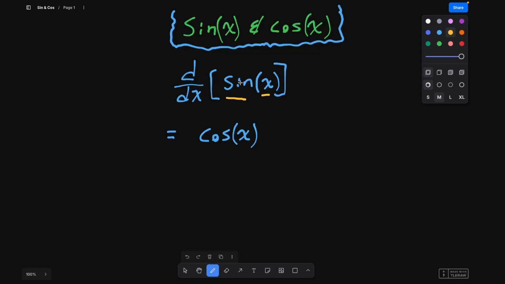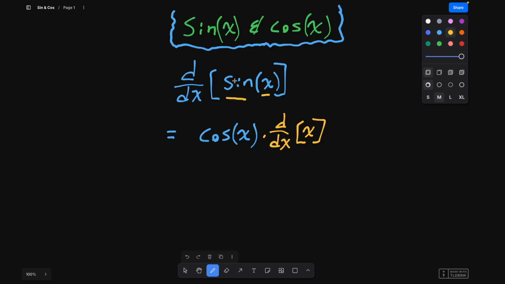So when we take the derivative of sine x, we're not just taking the derivative of sine, which is cosine, we're also taking the derivative of the function inside of sine x, which in this case is just x. And we know the derivative of x with respect to x is equal to 1.